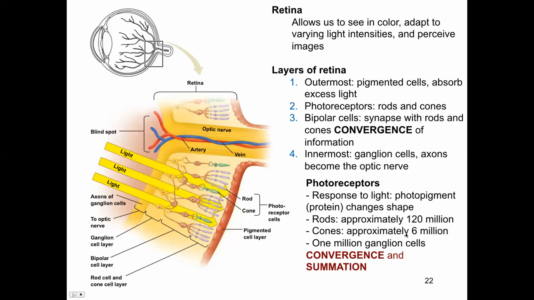And we have about 6 million cones, but we only have 1 million ganglia back here. So we have convergence of the signal and summation happening here. Hopefully that makes some sense.